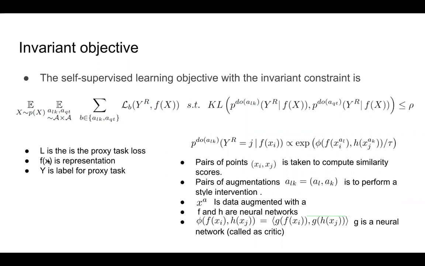So here let's see the notation. The L is the task loss and FX is the embedding, the representation, and YR is the label of the proxy task. For the invariant constraint, the KL means the KL divergence between the two conditional distributions under two different styles.